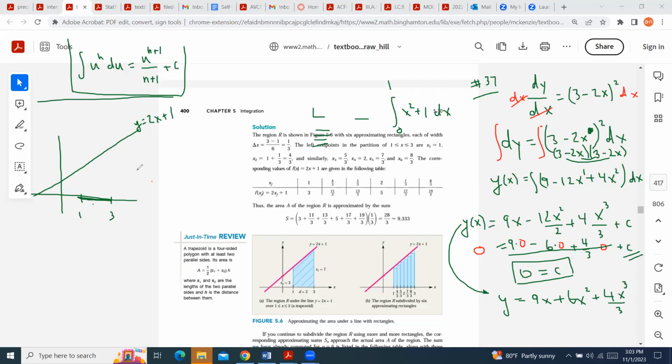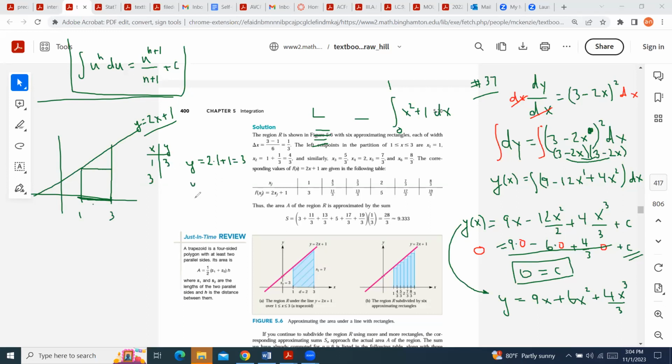So the top is some slant line. So what I can do is cut this into 2 pieces and find the area of each piece. I just need to know what happens with y when x is equal to 1 at the endpoint, and x is equal to 3. So y will be coming from the equation, right? 2 times 1 plus 1, which is 3 here.